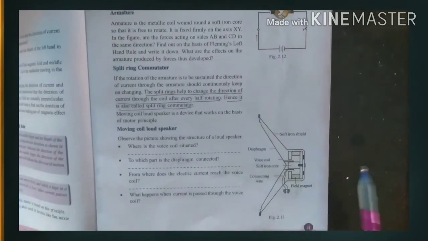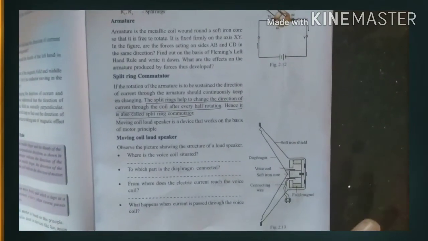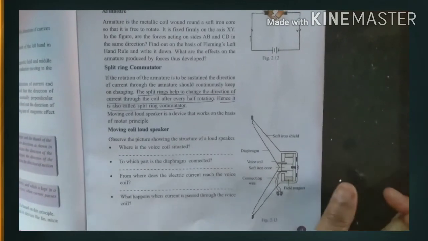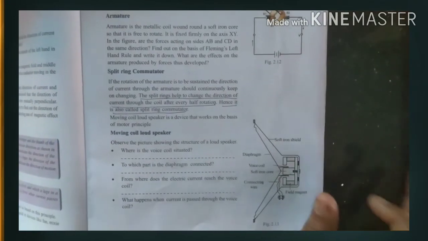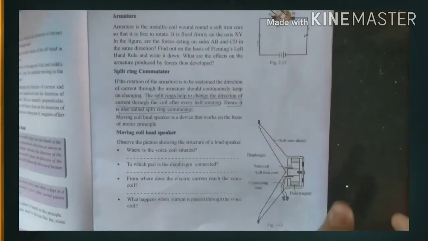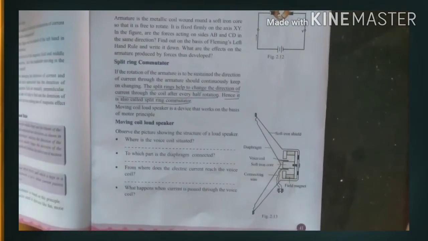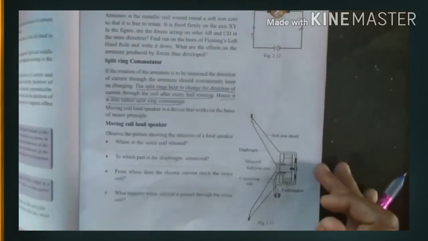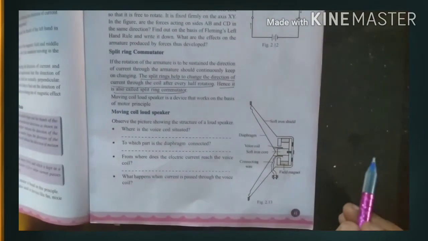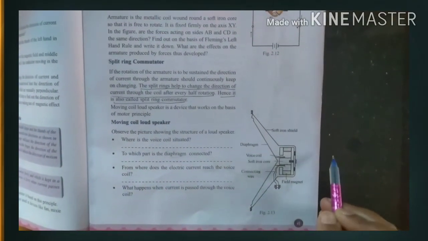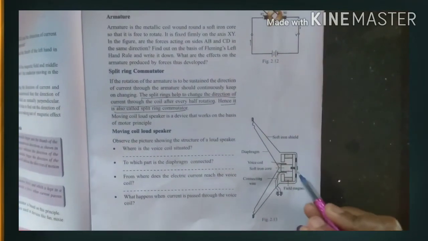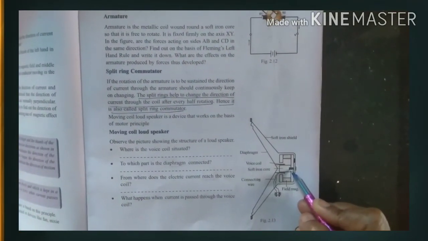The sound energy falling on the microphone gets converted into electrical energy in the microphone itself, and that electrical energy is strengthened by passing it through an amplifier, and the strengthened electrical impulses fall on the voice coil here.